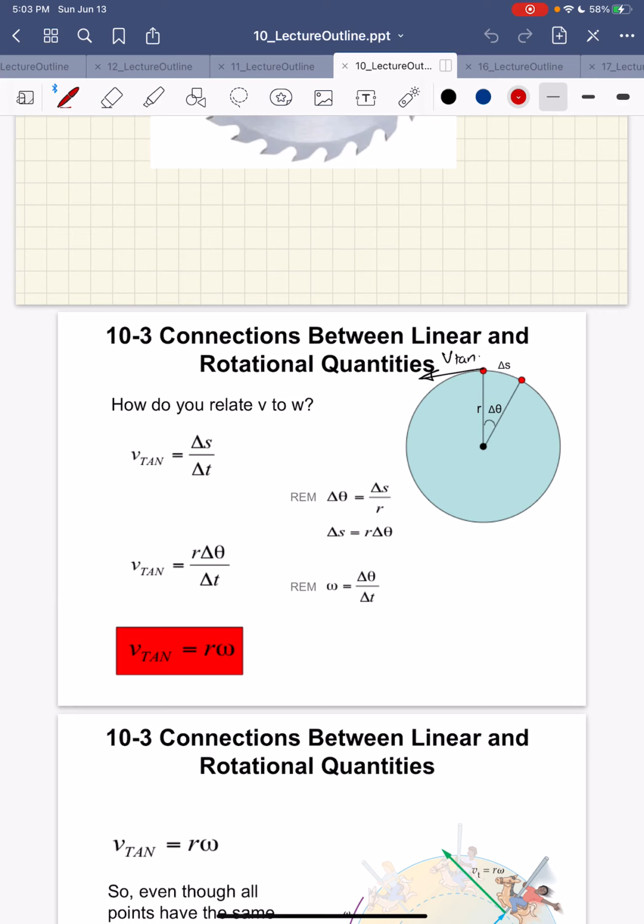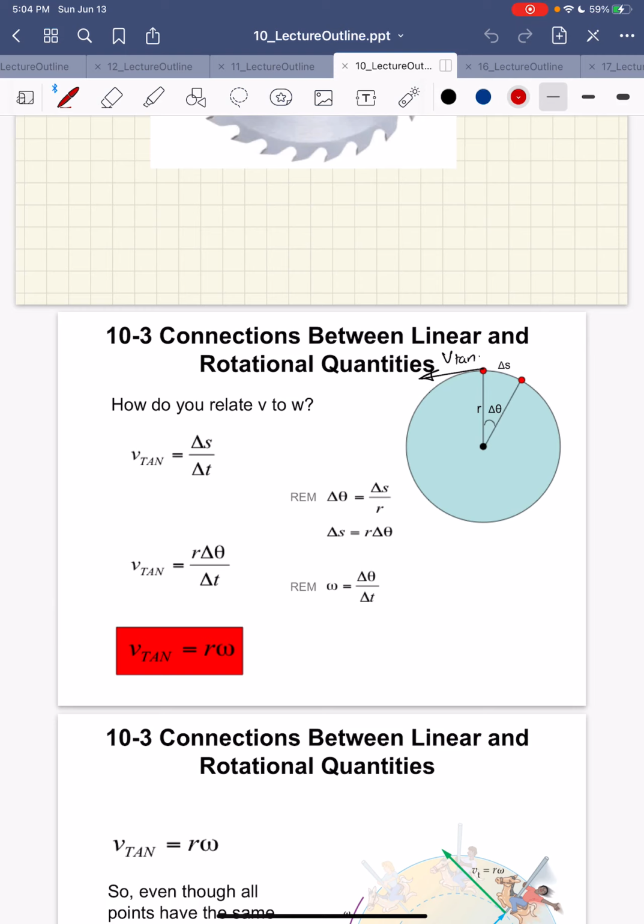And just here, we can say that the velocity is going to be tangent to the circle, which means the average is going to be delta S over delta T. And if I say delta theta is delta S over R, then delta S equals R times delta theta.